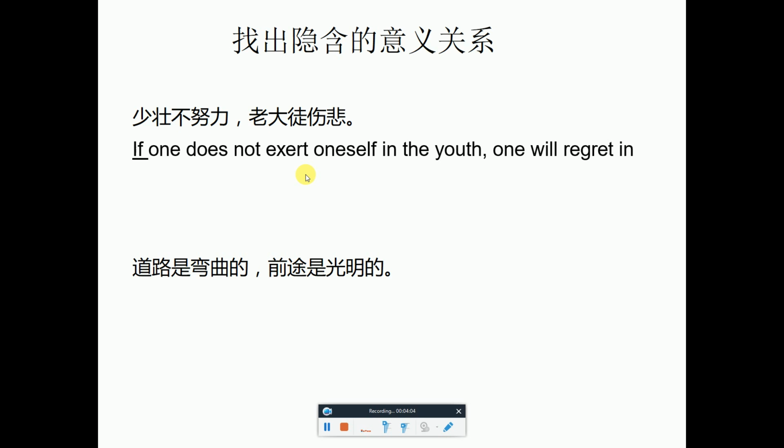So, if one doesn't exert oneself in youth, one will regret it in his or her old age. Of course, you can find a similar saying in English: A young idler, an old beggar.